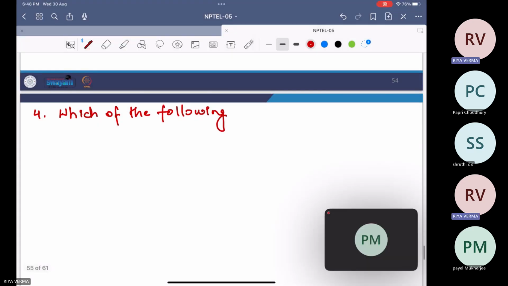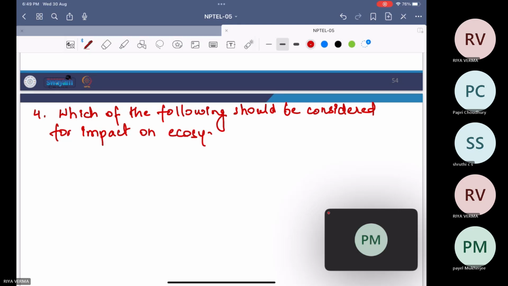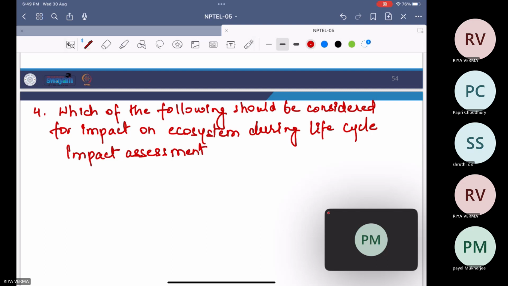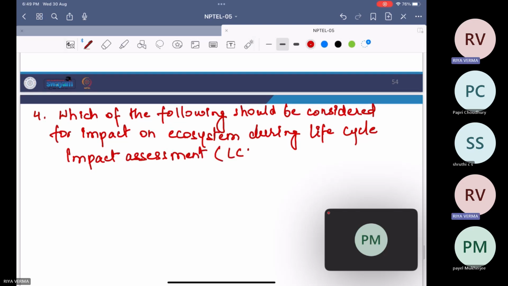Which of the following should be considered for impact on ecosystem during life cycle impact assessment, LCIA?